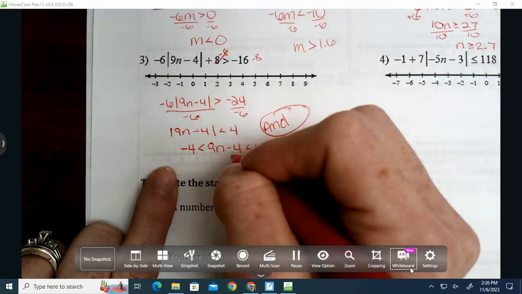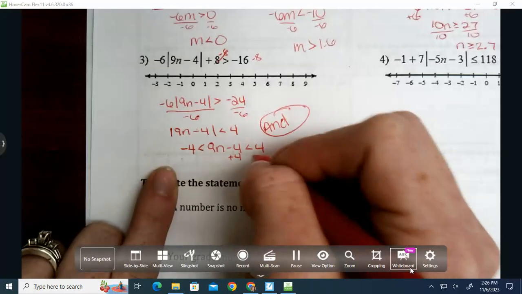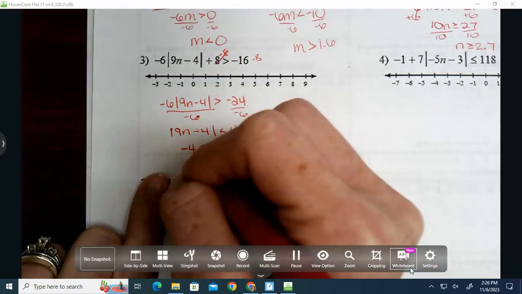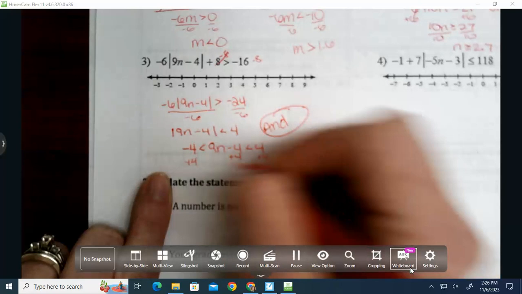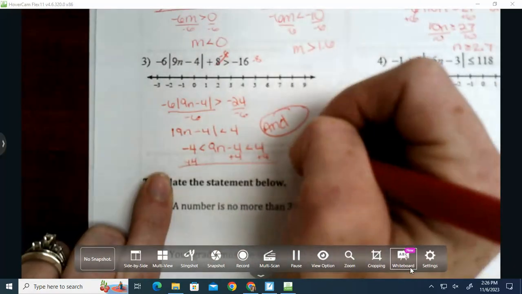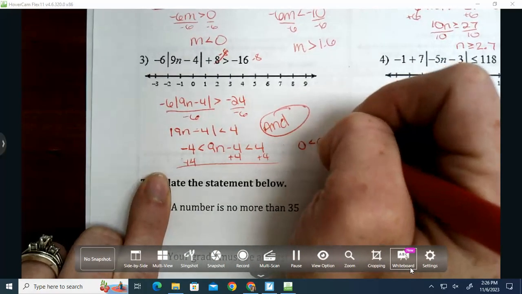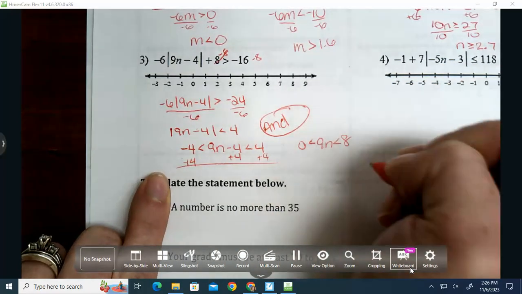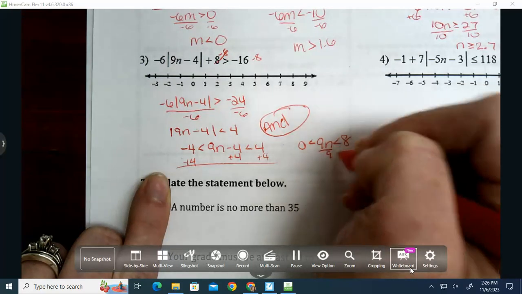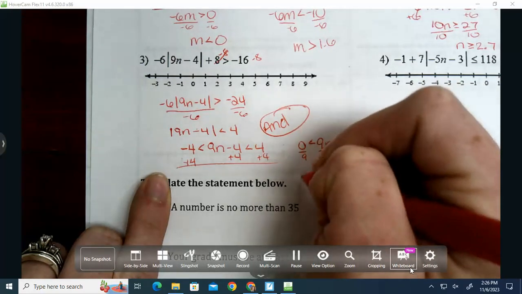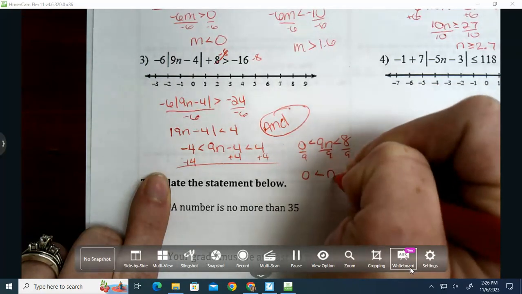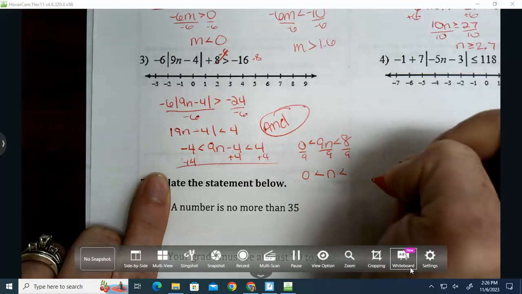Add the 4. And if we do it in the middle, because there's two inequalities, we do it on both ends. So we have 0 is less than 9n is less than 8. Divide by 9. So 0 is less than n is less than 8 over 9.